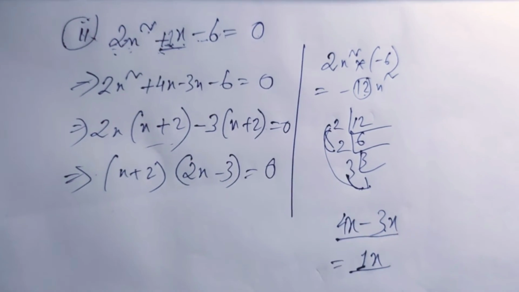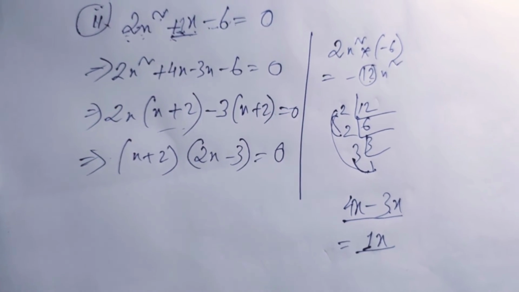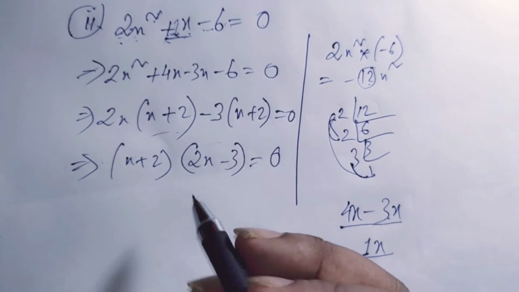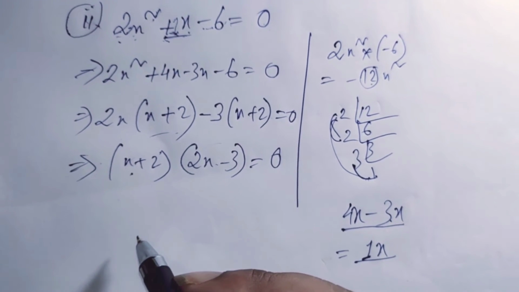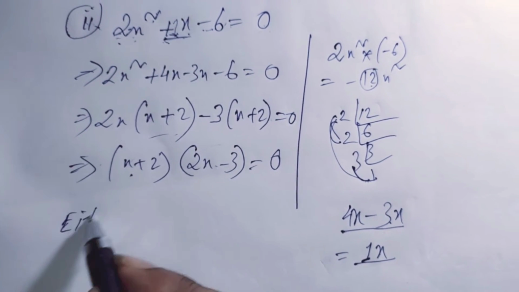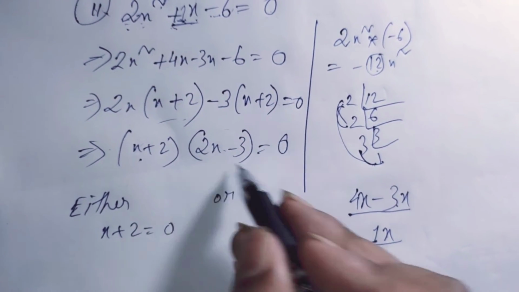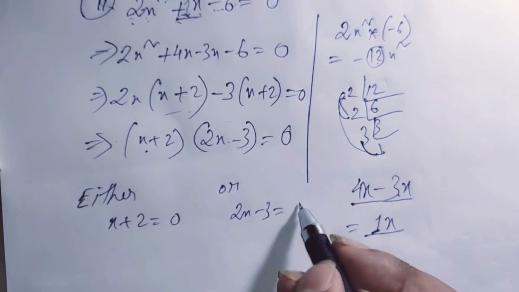Again we see the same condition: the product of two terms is equal to 0, so either of the two must be equal to 0. So either x plus 2 equals 0, or 2x minus 3 equals 0.